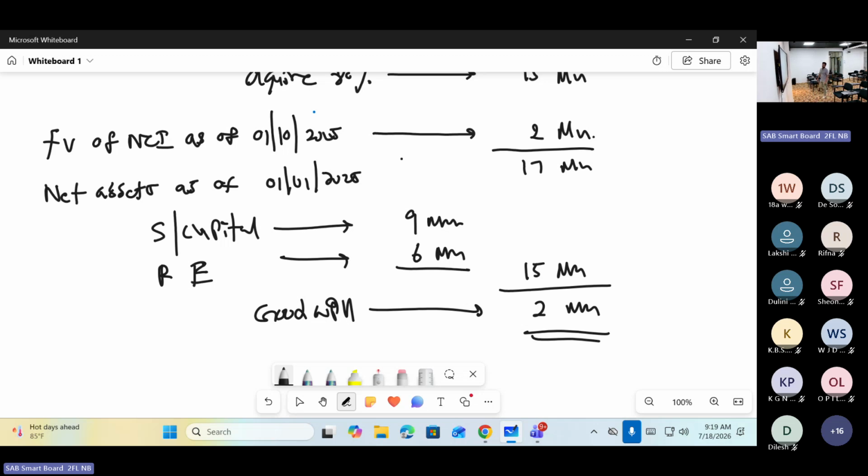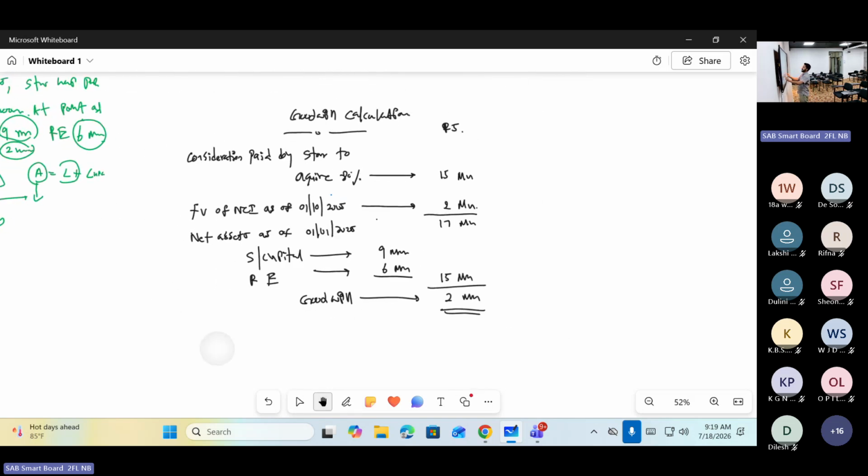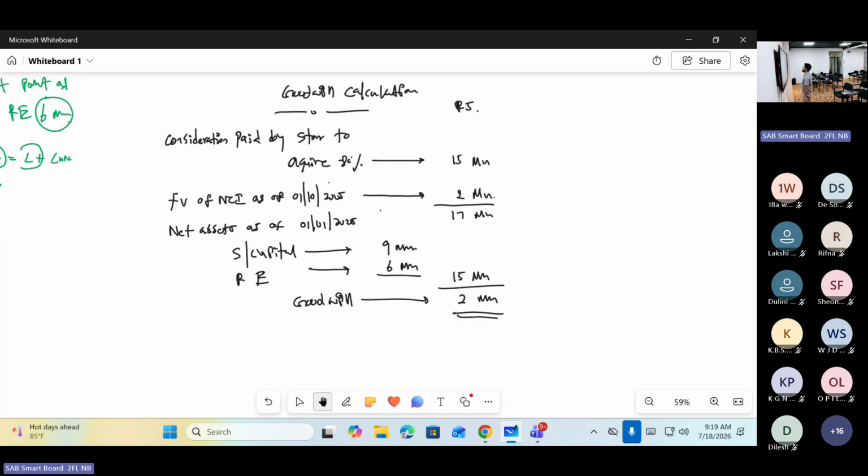This is how we are going to calculate goodwill. Right? Yes, the next step is how we are going to do the double entry, right?